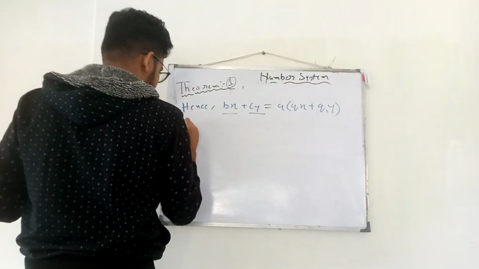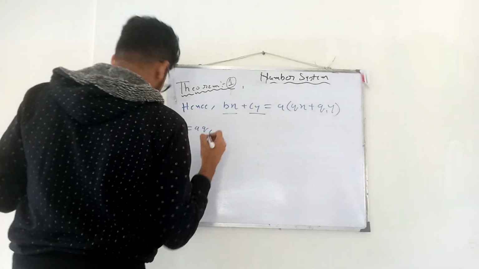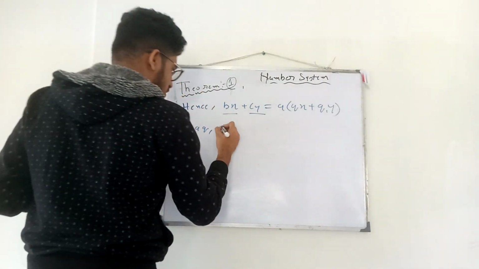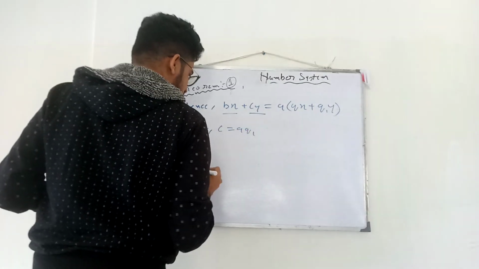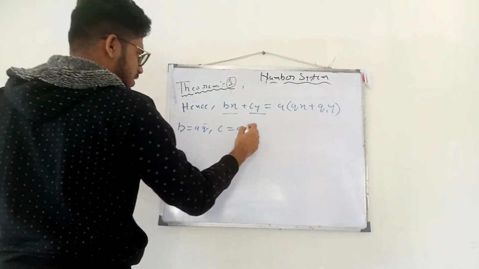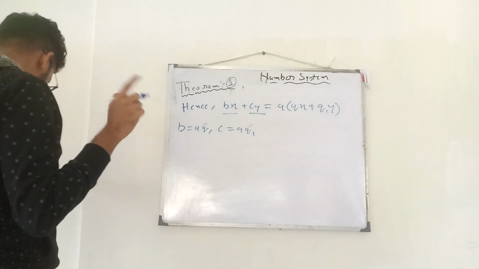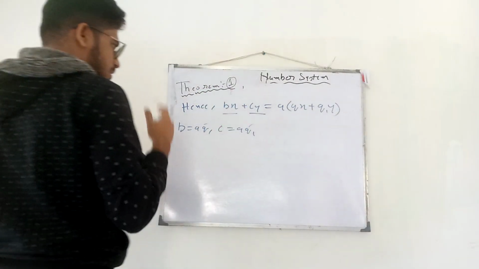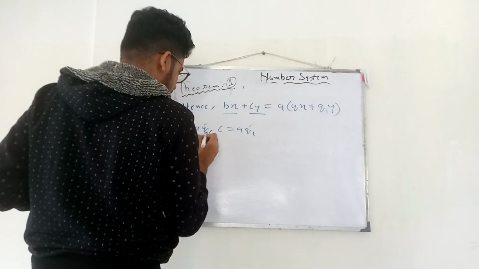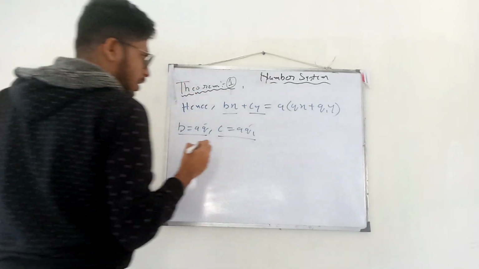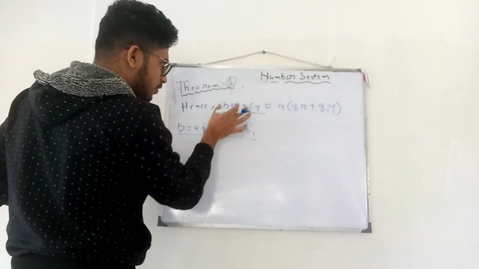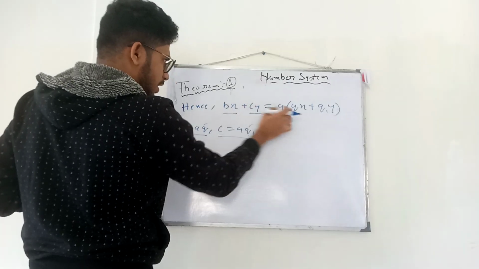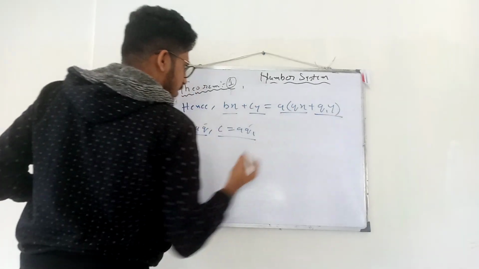We know that b is equal to aq and c is equal to a into q1. Q is an integer, q1 is an integer. In the same manner, b is equal to aq, c is equal to aq1. When we put these values in this equation, then this comes.